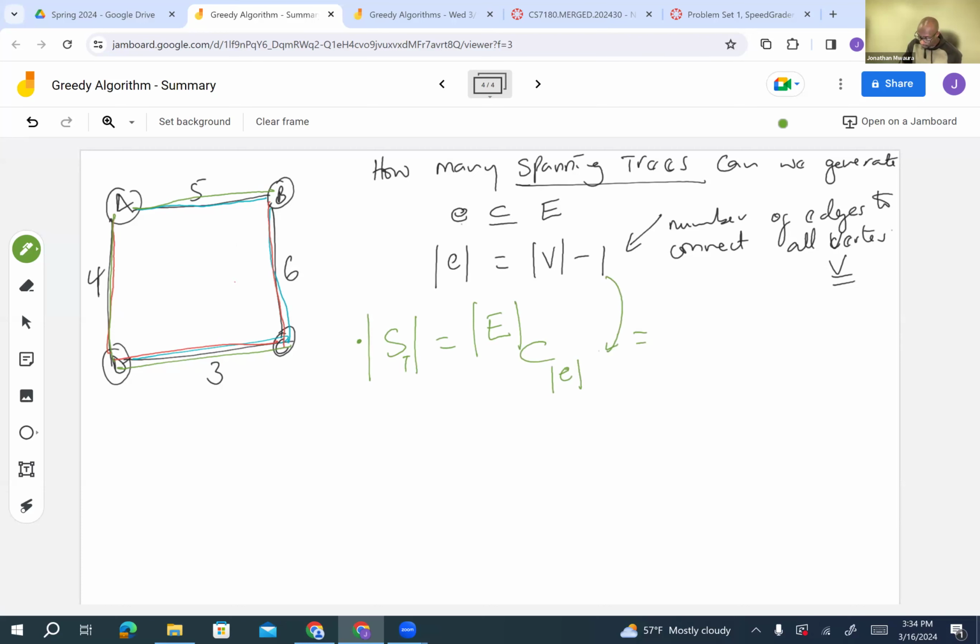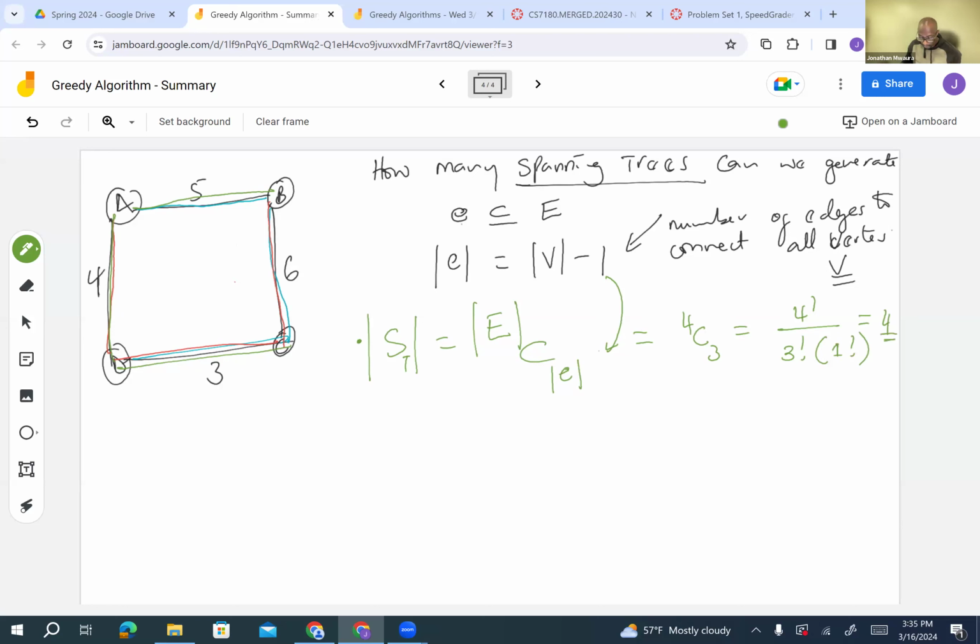So in our case, the total number of edges was 4, and here we have 4 choose 3, exactly, 4 choose 3. So this will be 4 factorial over 3 factorial and then 1 factorial, right? And 4 factorial. So essentially, this will be 4.